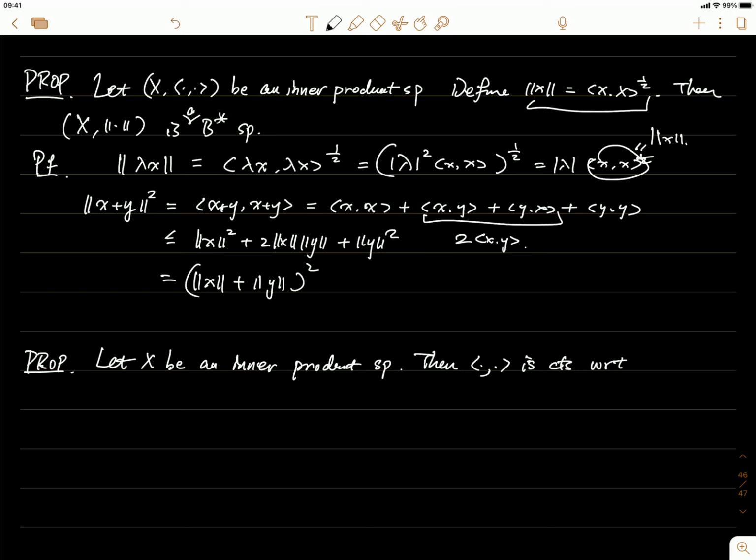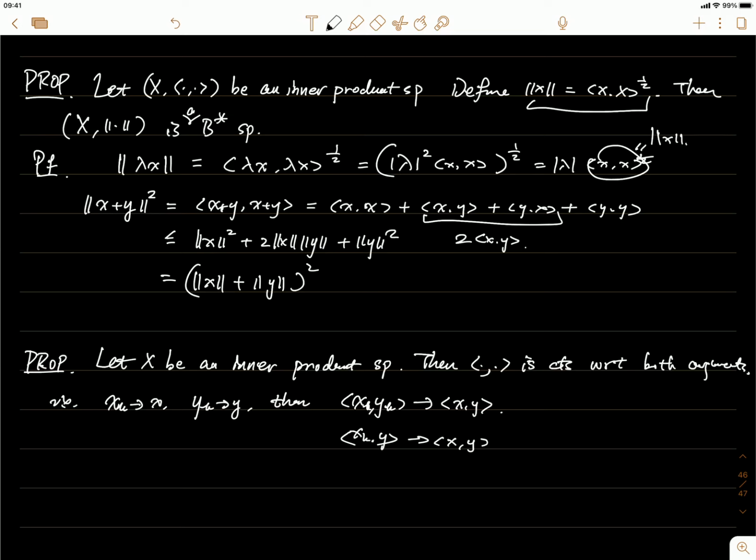What that means is if xk goes to x and yk goes to y, then the inner product of xk, yk goes to ⟨x,y⟩. So this is the general case. If you just have one sequence, say xk goes to x and y stays the same, then you just have ⟨xk,y⟩ converging to ⟨x,y⟩. But if both are moving, you still have this convergence. So this is even more general.